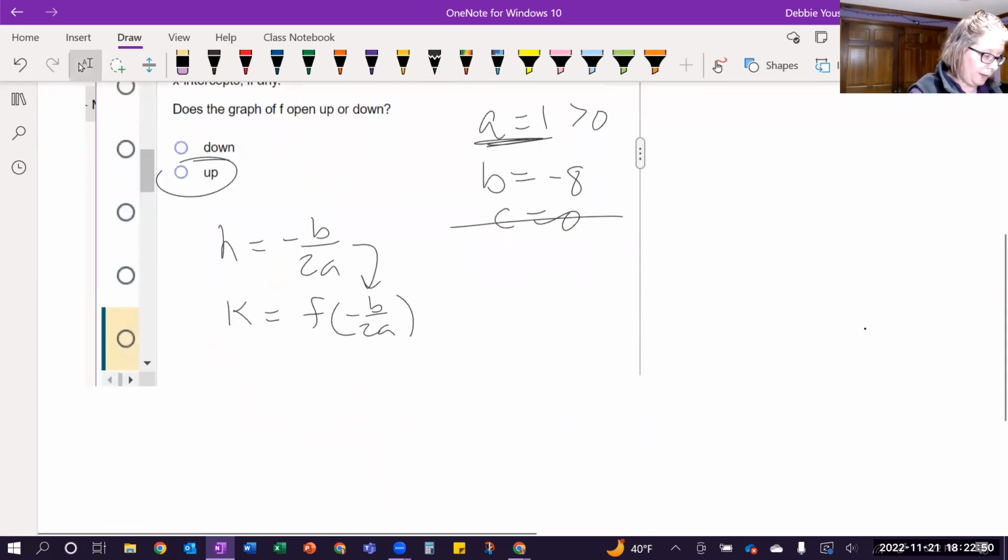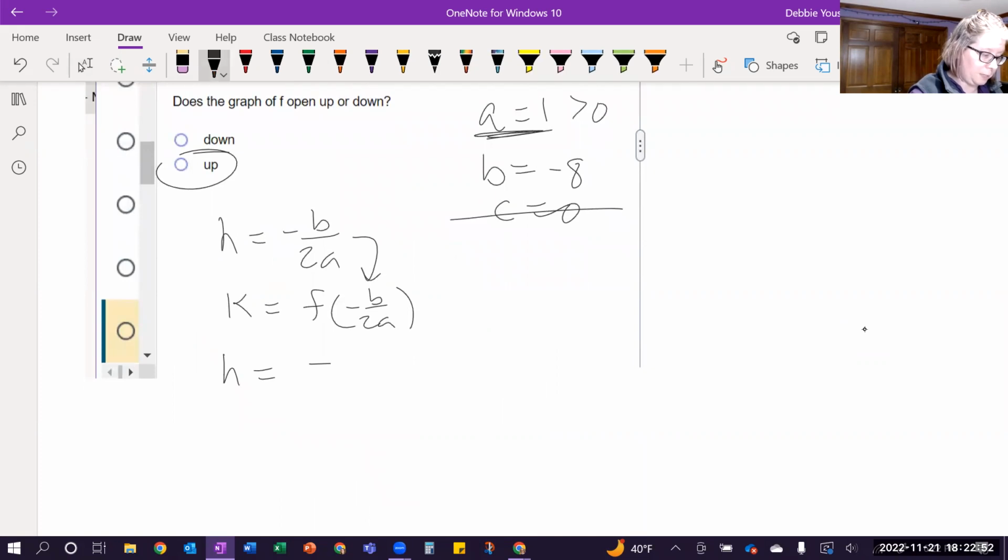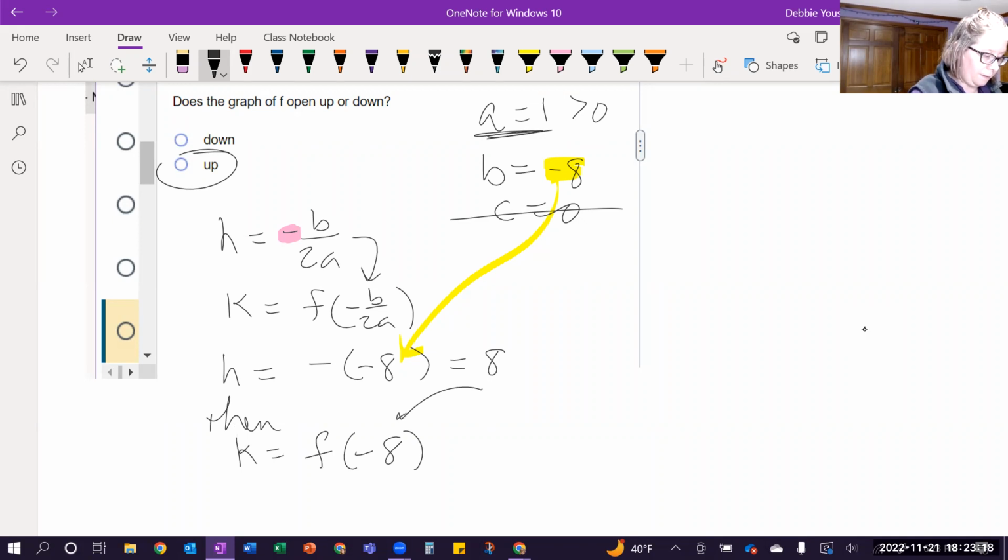So that means to find h, opposite of b. Now this is where you have to be careful. b itself is negative. So I'm taking an opposite or negative of a negative because the formula comes with a negative sign in front of it. So negative of negative 8, which is going to be positive 8. Then k will be f of positive 8.